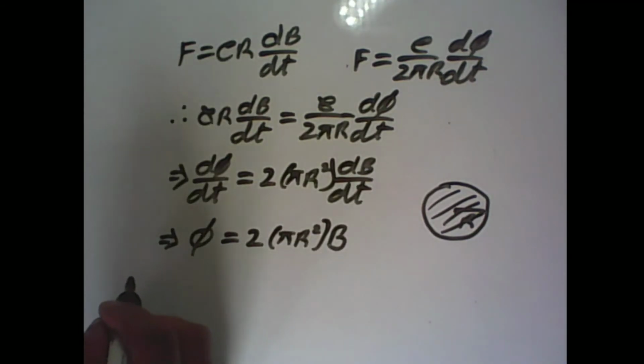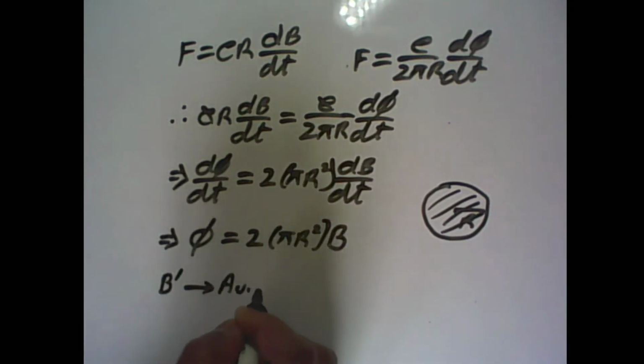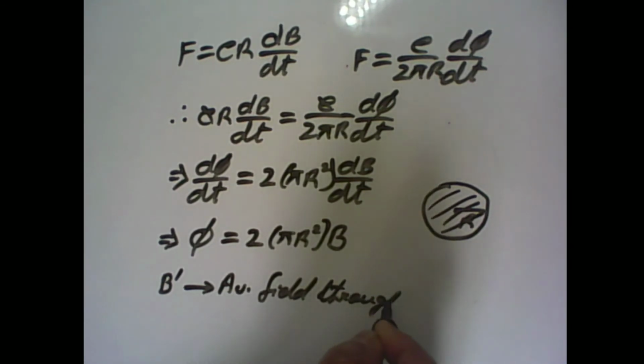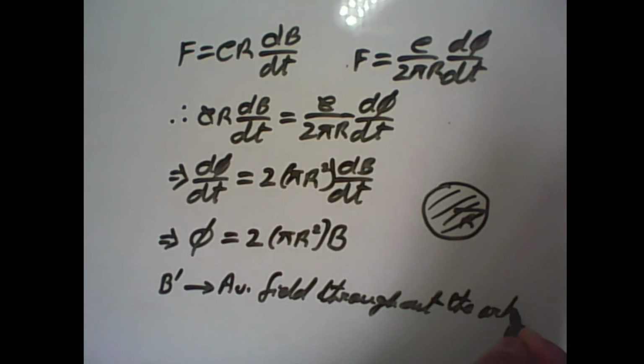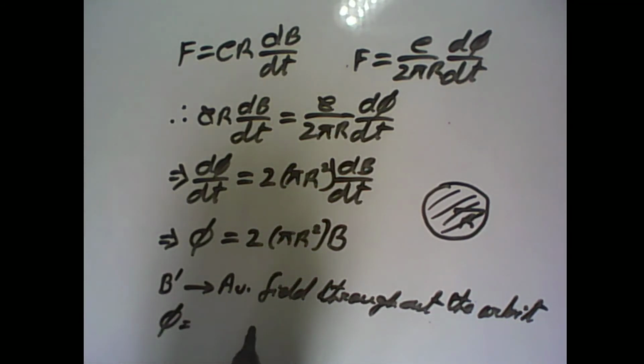Now, let us say that B dash is an average magnetic field which is uniform throughout the orbit of the electrons. Then we can write phi, the flux through the orbit if the magnetic field is uniform throughout the orbit, as pi r square B dash.